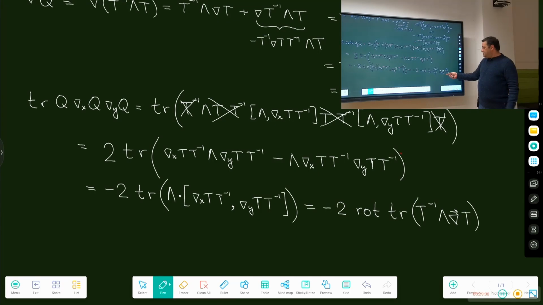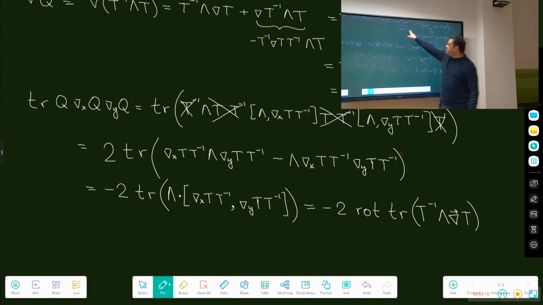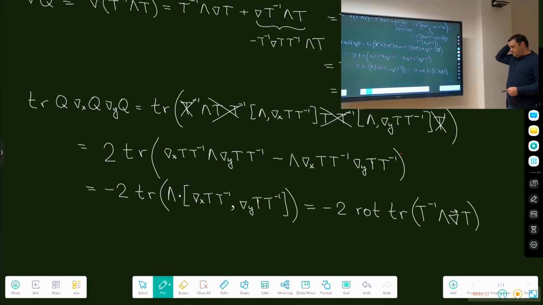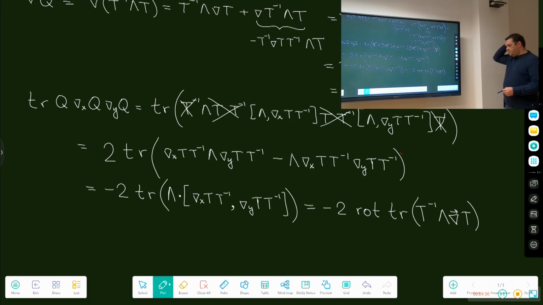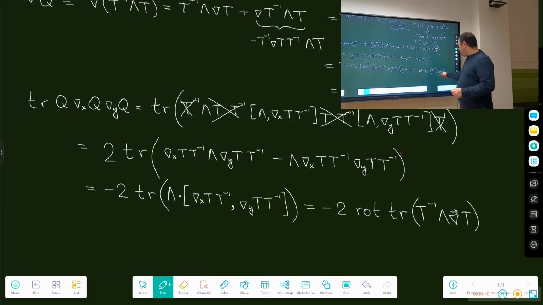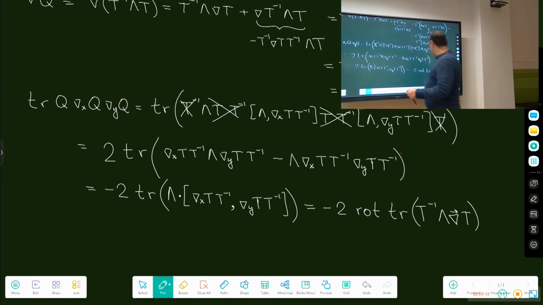So when I say rotor, it means that the gradient should act only on T inverse from here, and then using this identity for the gradient of T inverse, you will just reconstruct this commutator. It's a simple exercise. If you don't believe, you can just do this: x gradient of y component minus y gradient of x component, and you will have 2 terms, and they will be exactly these 2 that are inside the commutator here.